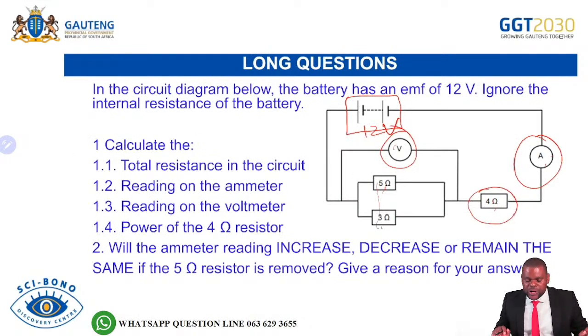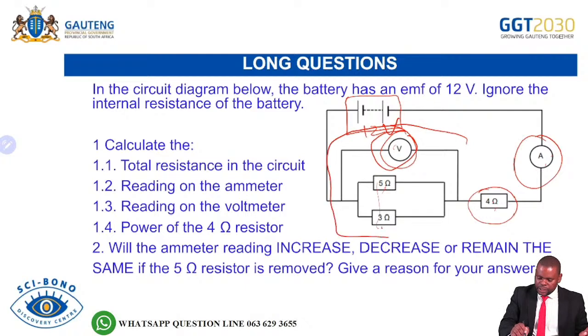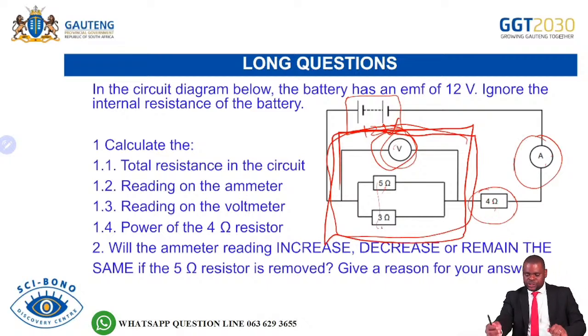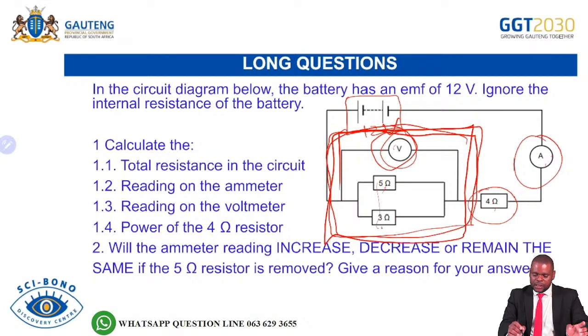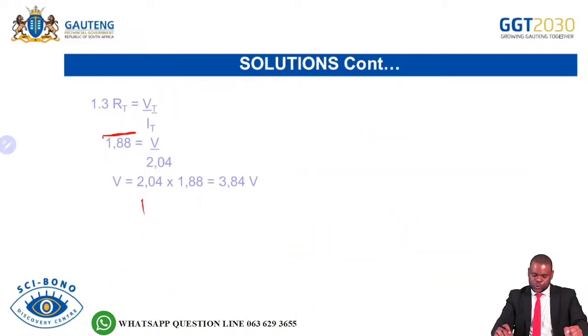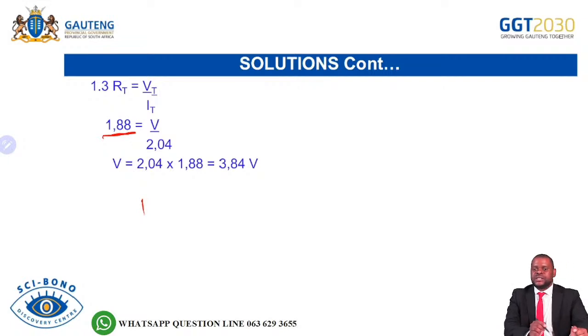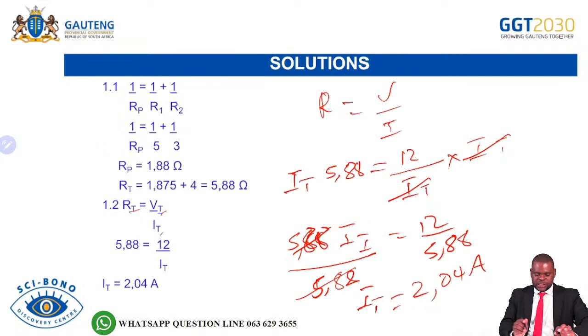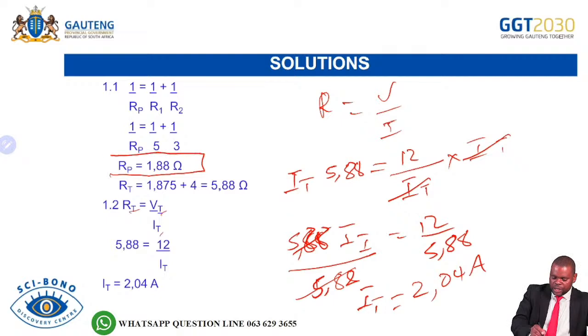Look at the position of the voltmeter. Voltmeter is here, so it can only take this. We don't use 4 ohm because it's outside of this. The voltmeter measures the voltage across the 3 and 5 ohm resistors. Are we together? Yes, that is what I wanted to explain to you. Why are we using 1,88? Because remember, when we calculated the parallel resistor, we found what?